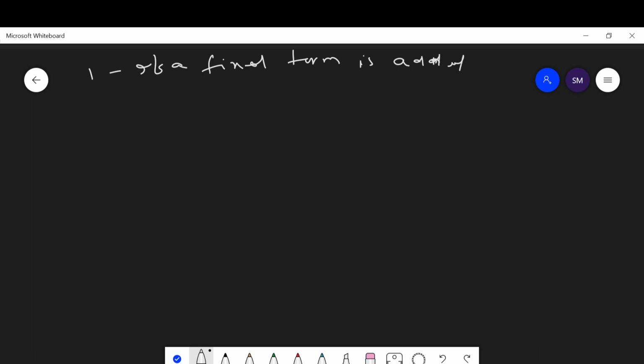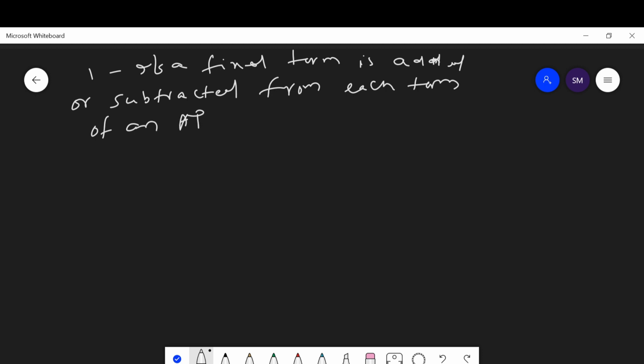The property says that if a fixed term is added to or subtracted from each term of an AP, then the resulting series is also an AP.